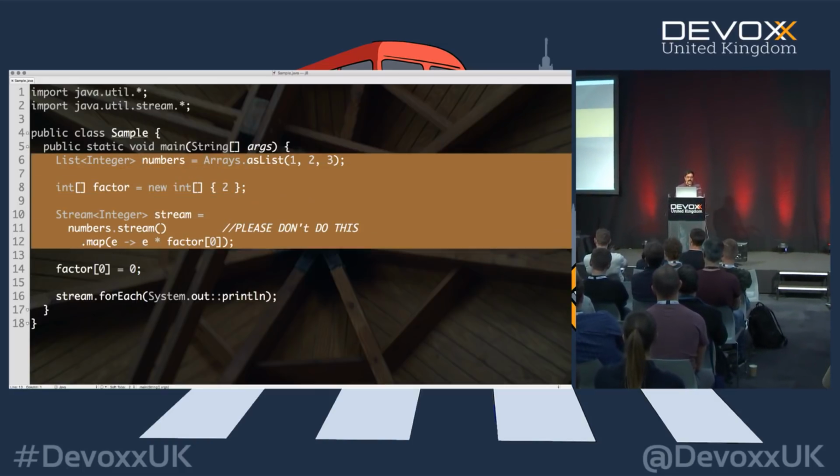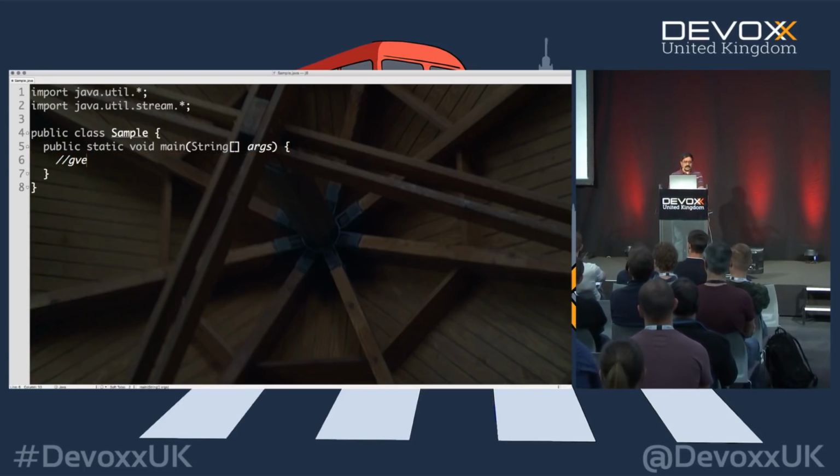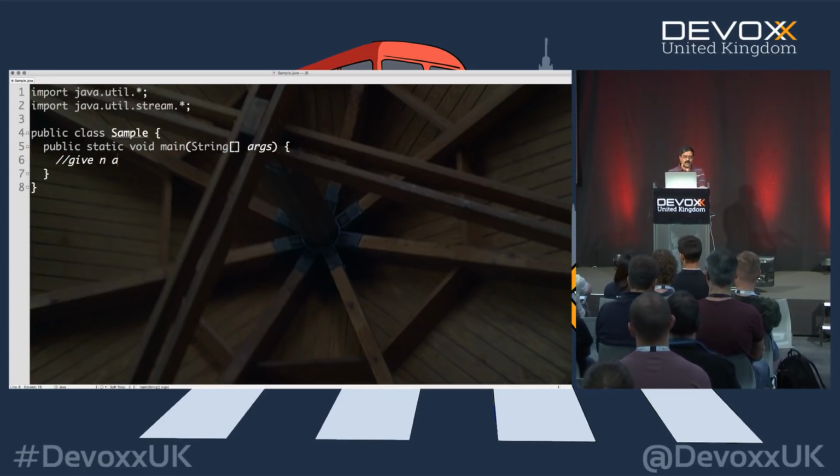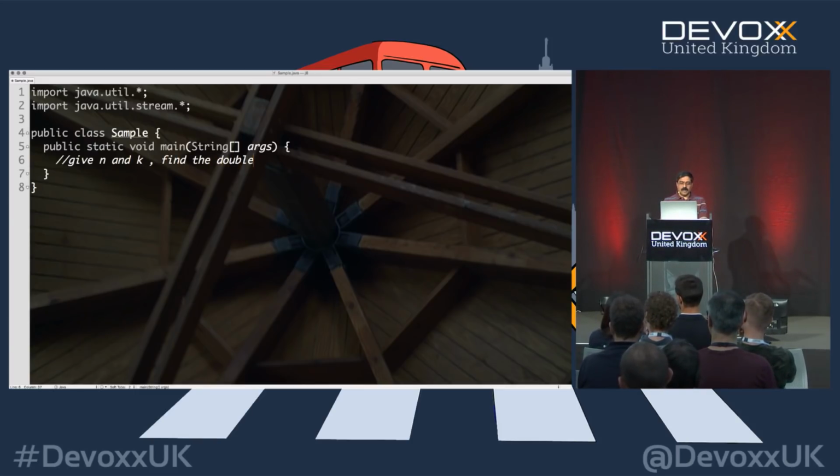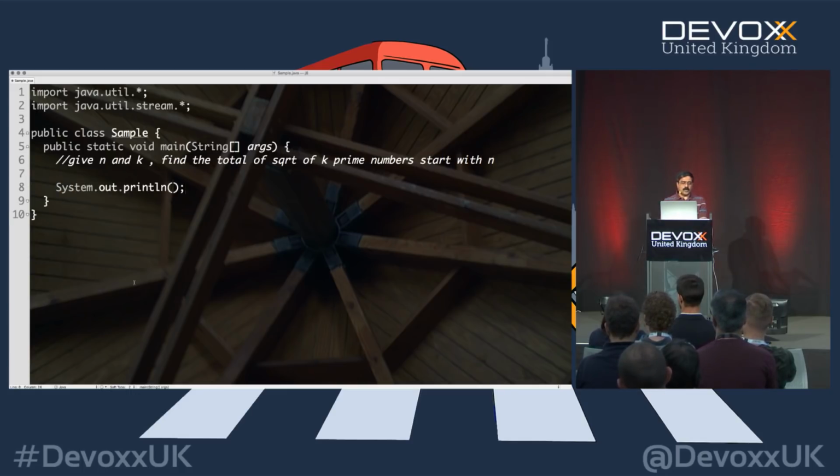Given n and k, whatever those things are, I'm going to say find the total of square roots of k prime numbers, starting with n. So how do I do this? In this case, I'm going to just output compute(n, k). What is n and k? Let's say int n is equal to some arbitrary number, 101.